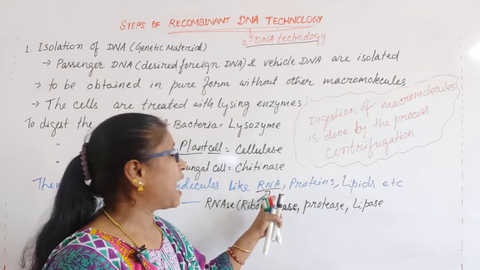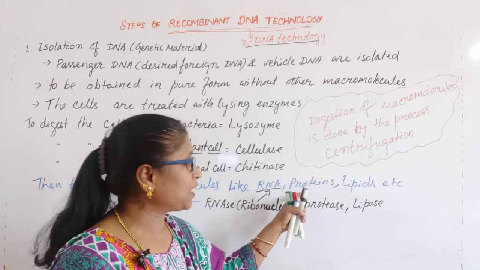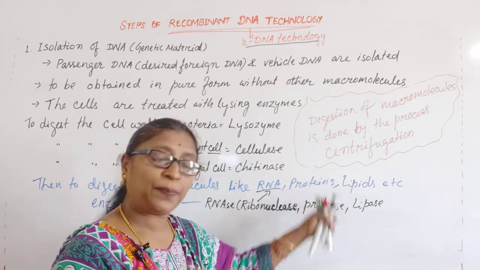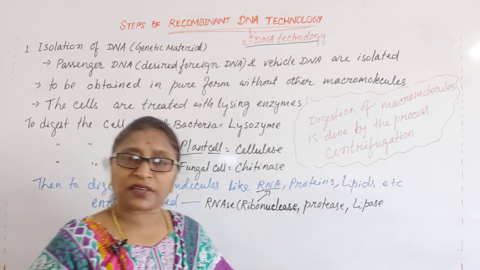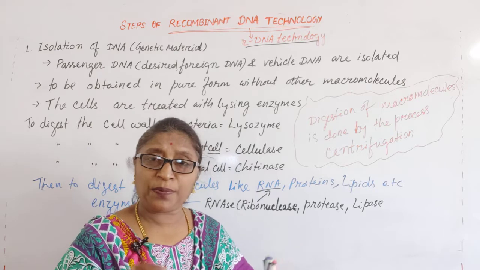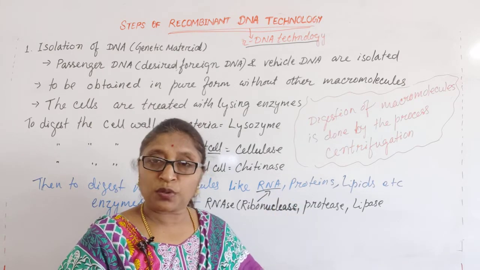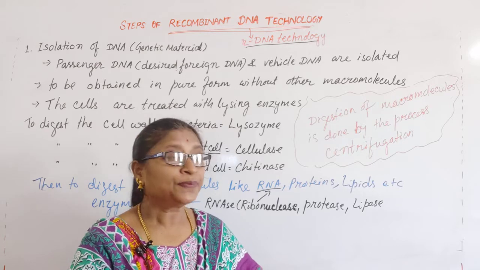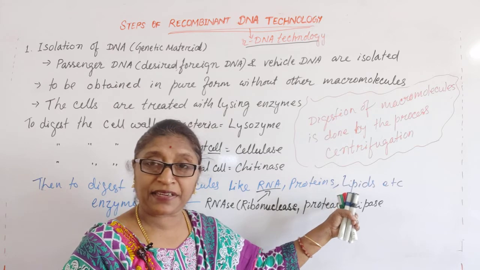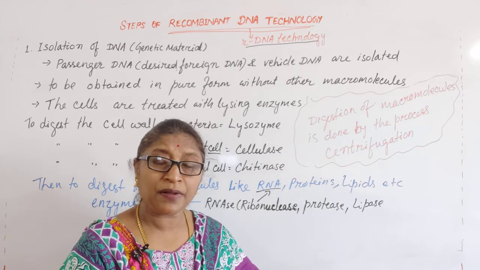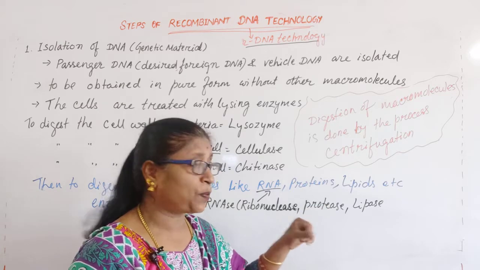Suppose first RNase is used, so RNA is digested; protease is used, so proteins are digested; lipase is used, so lipids are digested. But lipids are mostly water soluble, so mainly RNase and proteases are used to digest these molecules. Other molecules like carbohydrates, polysaccharides and lipids remain dissolved in the water content of the protoplasm.